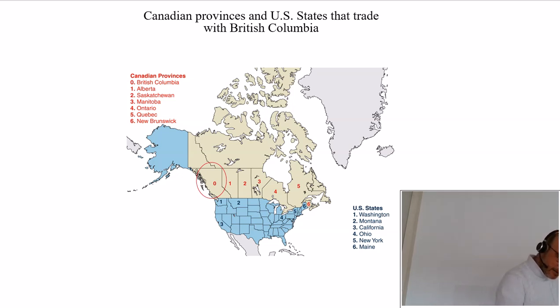And there they looked at the trade volume of the province British Columbia, number 0 here. And then they had a look, what is their trade volume with the Canadian provinces moving to the right. So here, the, so to speak, physical distance from Alberta, Saskatchewan, Manitoba, Ontario, Quebec, and New Brunswick, you are just increasing.